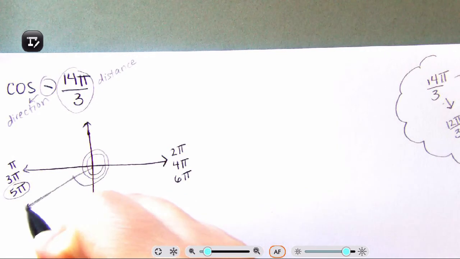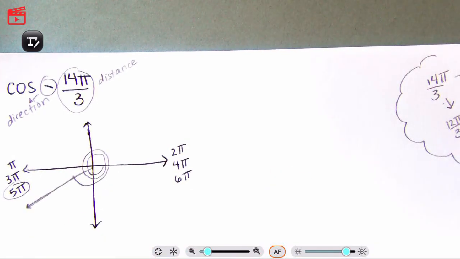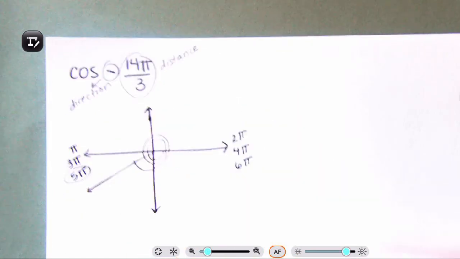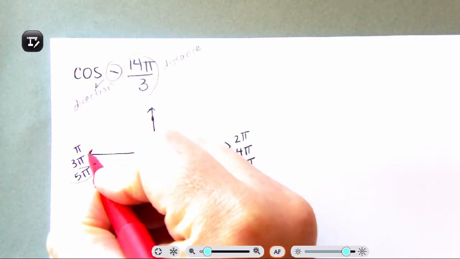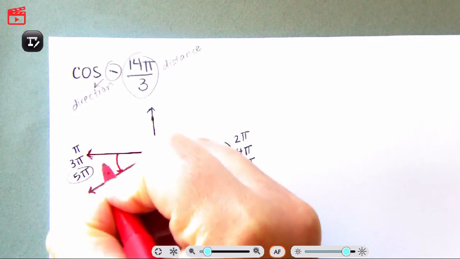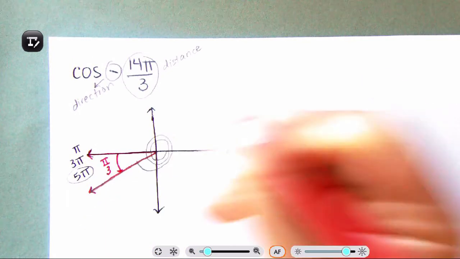Again, we don't want to get to 5 pi because we're overshooting. We want to get somewhere close. And then we said, what's the gap? The gap would be pi thirds. So this gap right here, this reference angle off of the x-axis to the terminal ray, is pi thirds distance.